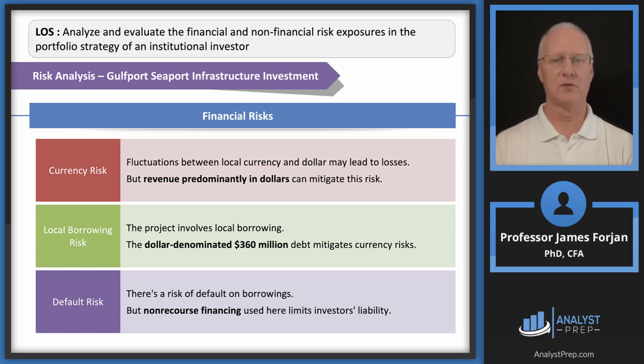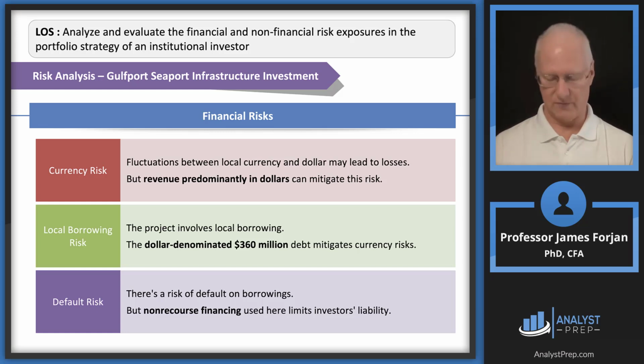We've got currency risks. Even though we're going to predominantly generate revenue and cash flow in dollars, we might need to manage this through some kind of insurance contract or a derivative contract. We're going to borrow in dollars, but there'll be some local borrowing in there, so we need to worry about that.